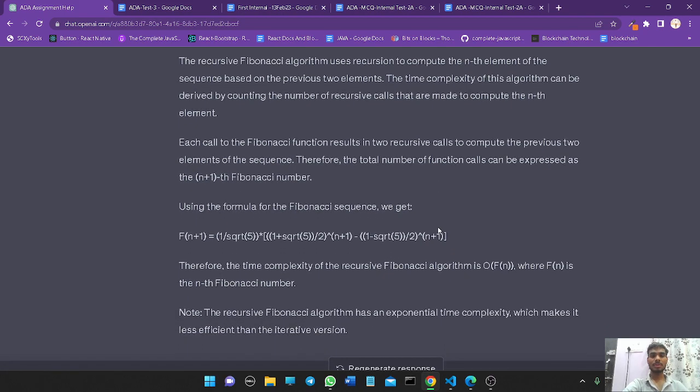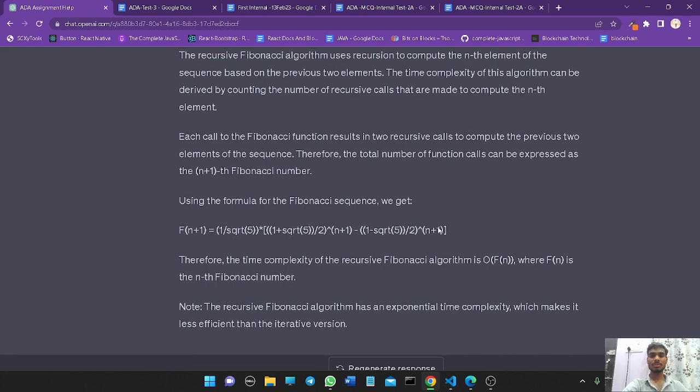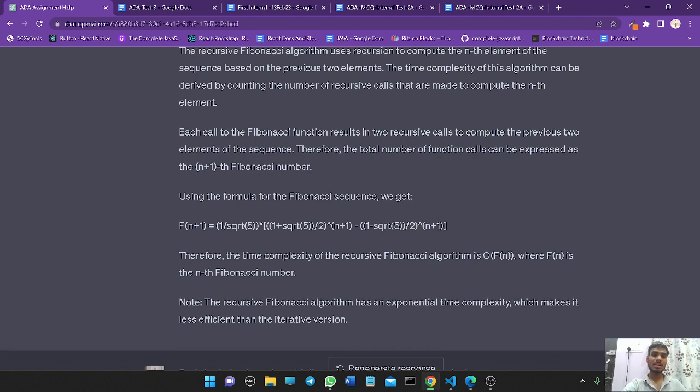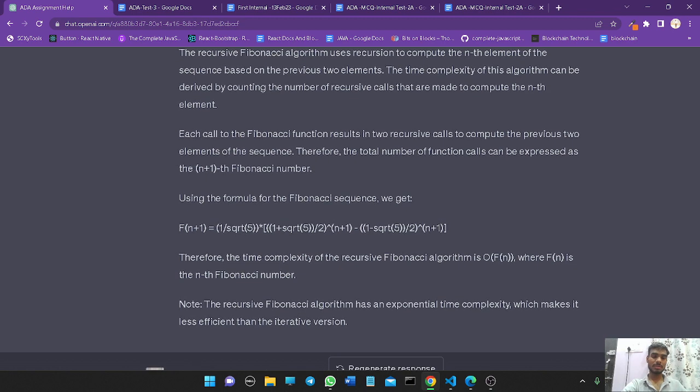Each call of the Fibonacci function results in two recursive calls, which compute the previous two elements of the sequence. Therefore, the total number of function calls can be expressed as the n minus 1 Fibonacci number.